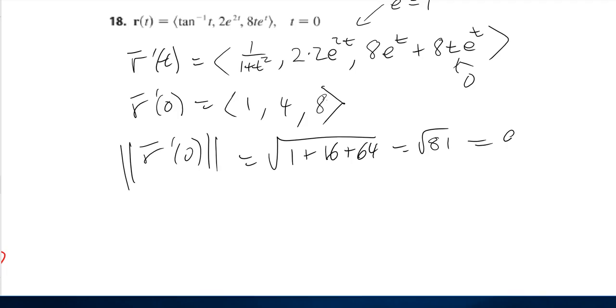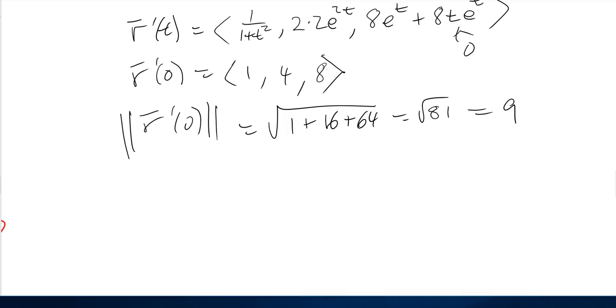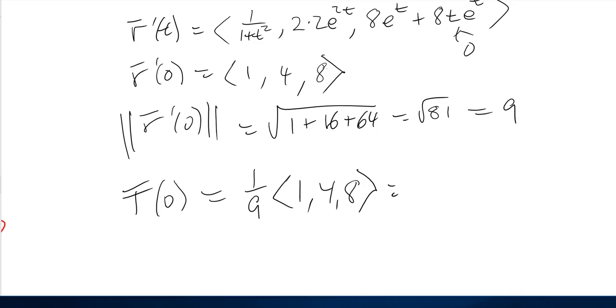Yep, so that's 9. So T at 0 is 1 over 9 times (1, 4, 8), which is 1/9, 4/9, 8/9. And there you have it.